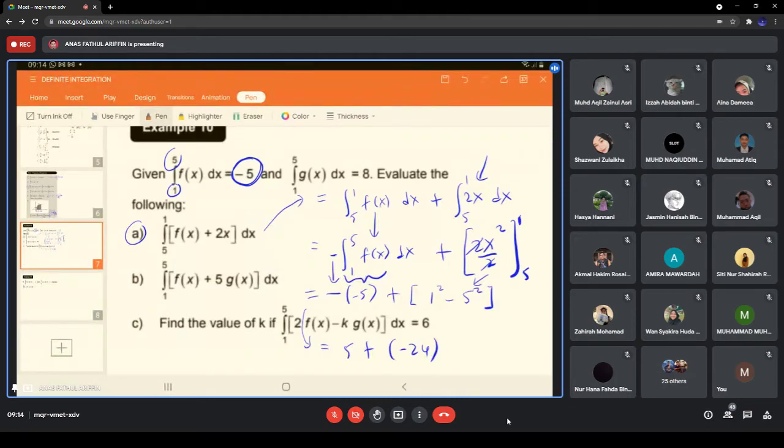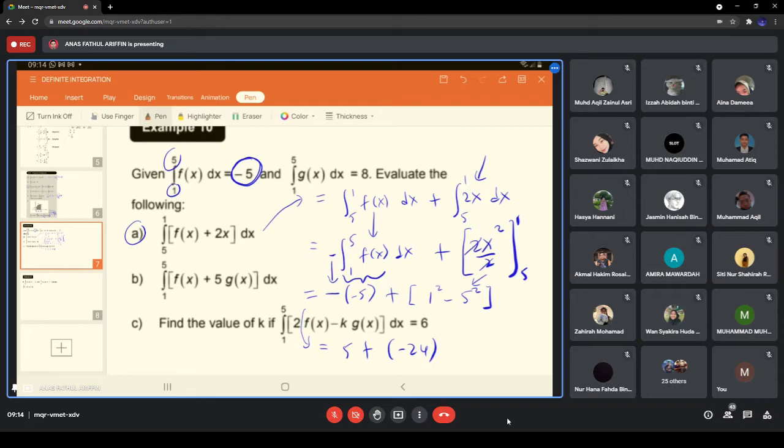Betul ke saya punya ni? Sekejap tengok balik. X square. Takut tersalah ni. Plus 2x.